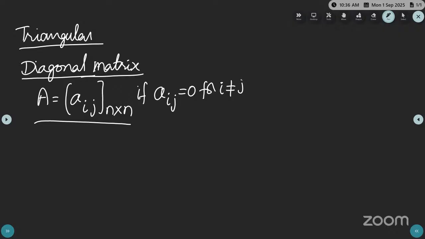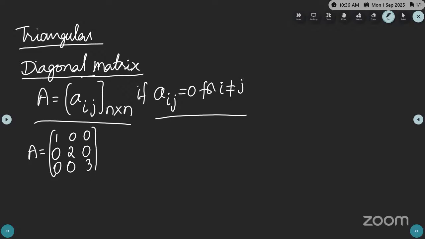Okay. See here, aij is equal to 0. For example, if you have written 1 0 0, 0 2 0, 0 0 3, it is of order 3 by 3. It is both upper and lower.